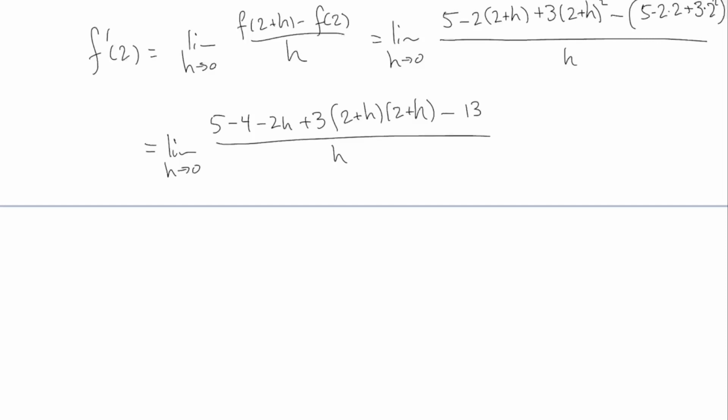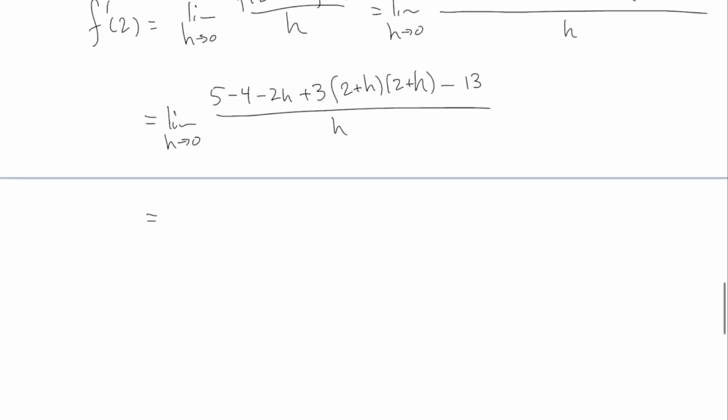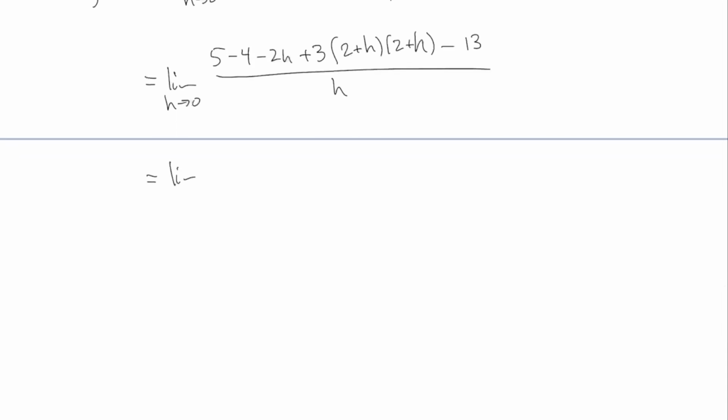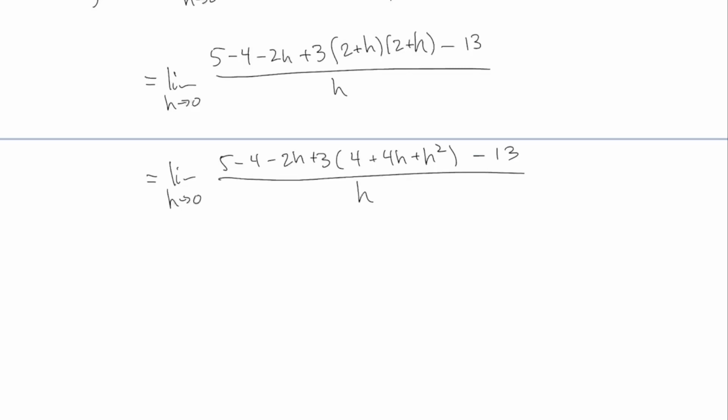I'm not terribly good with the numbers, as you may know by now. That's not what it's all about, really. All right, 5 minus 4 minus 2h plus 3 times, do the FOIL here. I get 4 plus 4h in the middle, and then h squared on the end, minus 13 there, over h. And then we just have to distribute the 3, and we'll be ready to start canceling everything out.